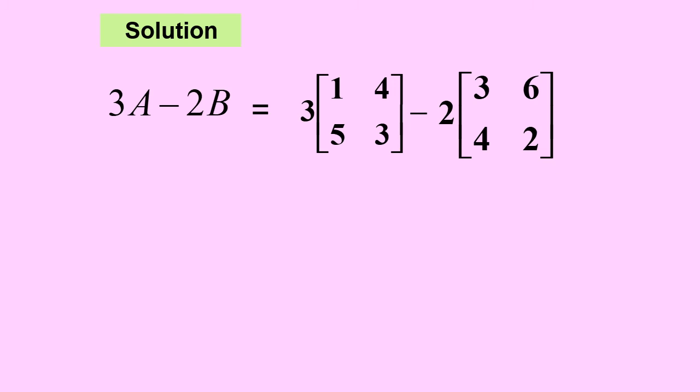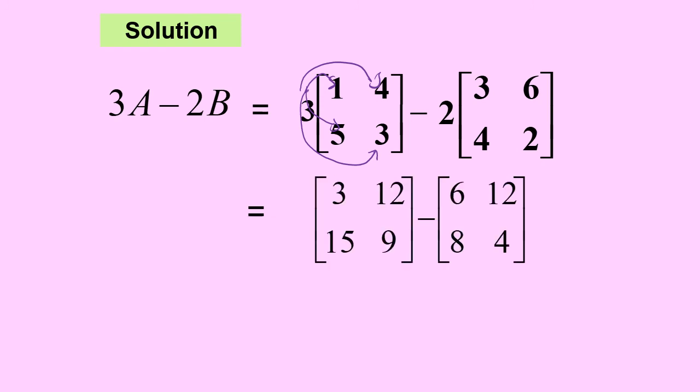We have to multiply the scalar with all the elements in the matrix. So 3 multiplied by 1, 3 multiplied by 4, 3 multiplied by 5, 3 multiplied by 3. So for the first part we get 3, 12, 15, 9.